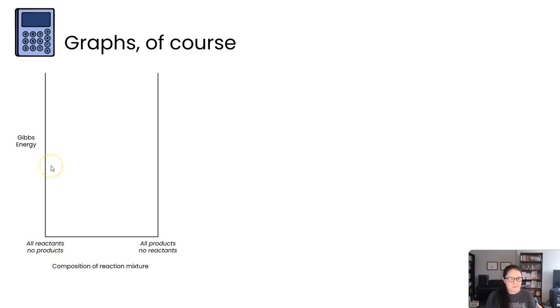Now, how does that make sense when we can't actually figure out the absolute values of Gibbs energy that particular reactants or products have? We can only actually measure changes in Gibbs energy. Well, it's sort of like those other potential energy diagrams that we did before. You remember the ones where you have your reactants here, your products are down here.